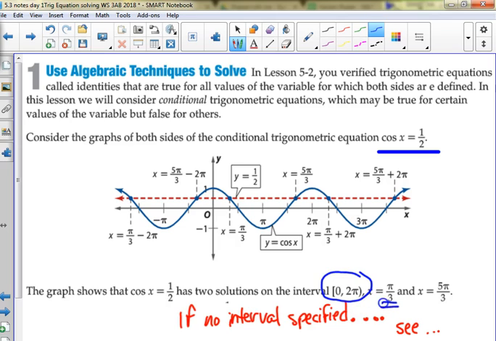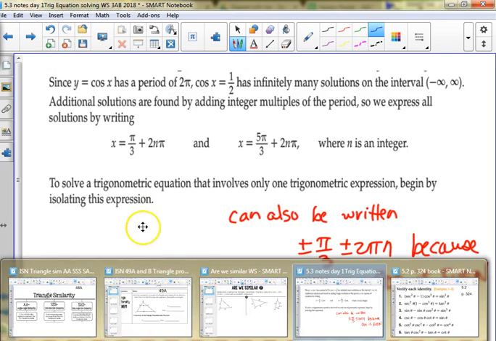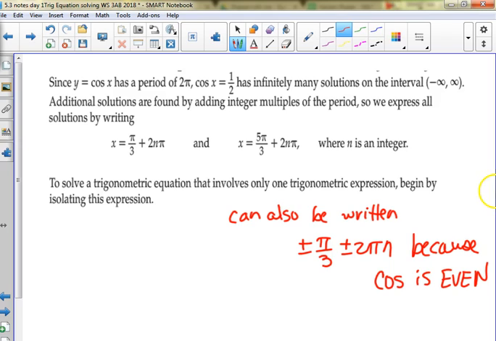So there are two places on the unit circle that the cosine is 1/2, right? But if it says all solutions, okay, if it says all solutions, then you're going to have to say, well, these two are true and every multiple of 2 pi after that, okay?